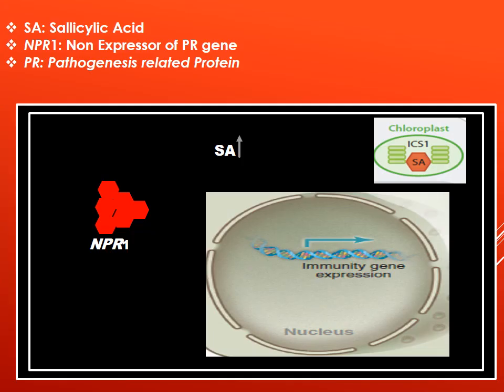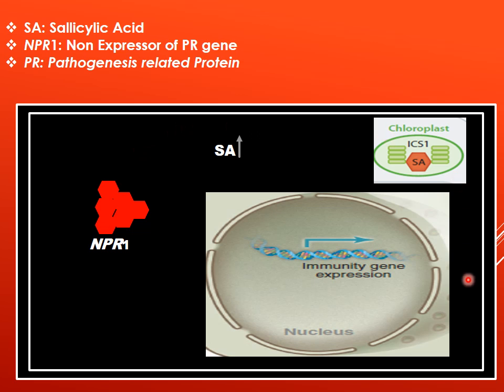This is a very important part of today's talk, because this slide tells us how salicylic acid and the master regulator gene NPR1, which stands for non-expressor of PR gene, and PR genes, which stands for pathogenesis related protein, can produce systemic acquired resistance.